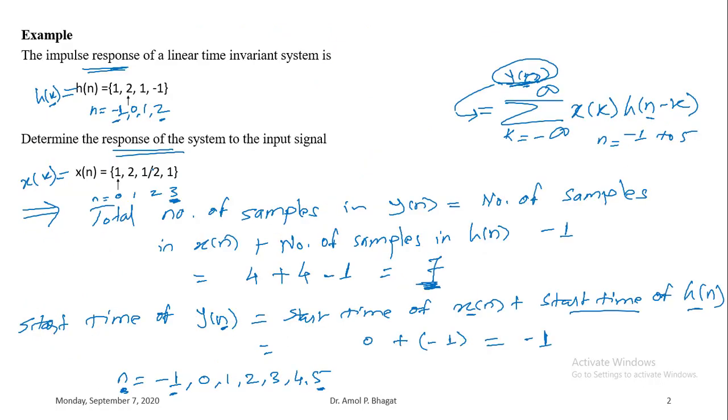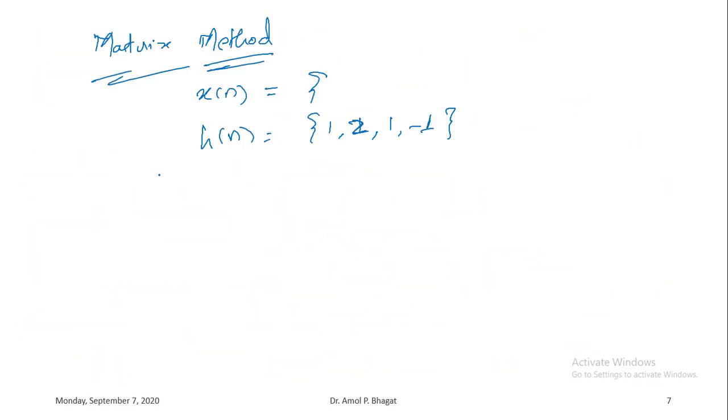Okay, here in h of n, origin is at 2. So it is 1, 2, 1 by 2, 1 is your x of n. Origin is at first 1, but in h of n it is at 2.